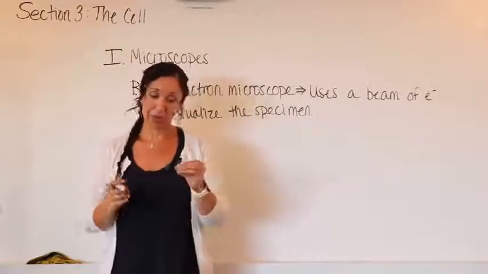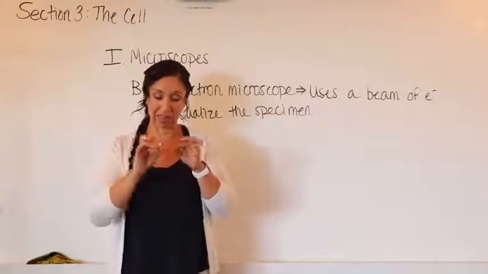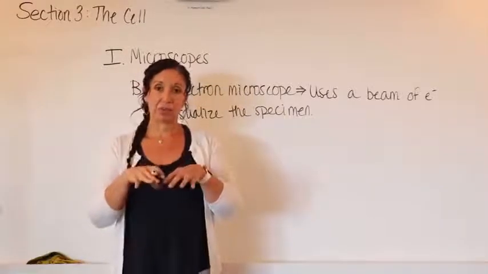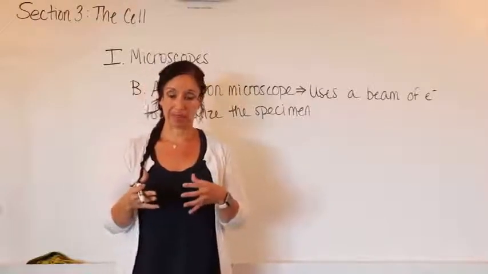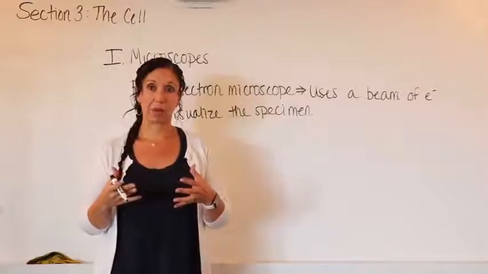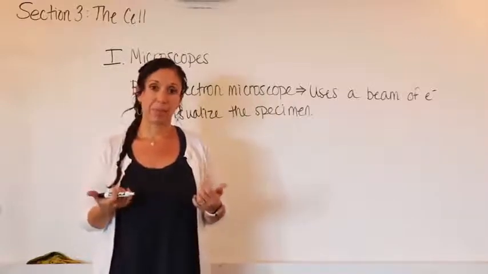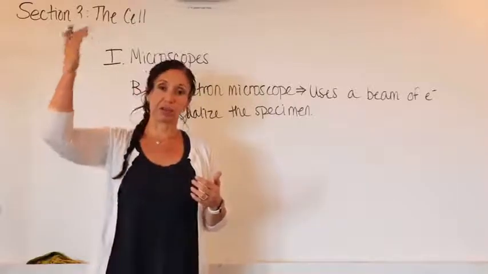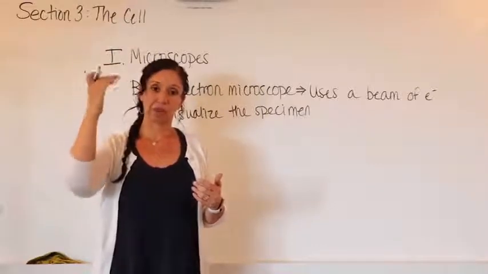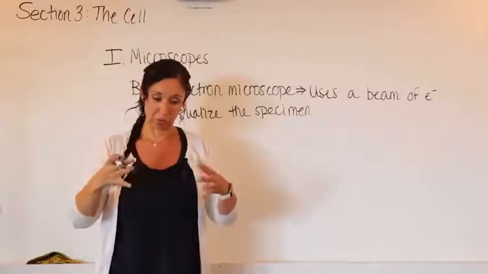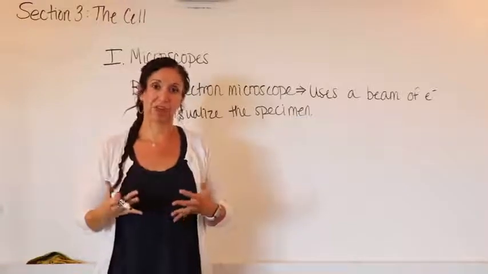Now, what you do to that sample, this thin little shave, is that you stain it with specific metals. And metals, when they get excited, their electrons will jump and they will emit certain light or fluoresce or do whatever the stain calls for it to do.